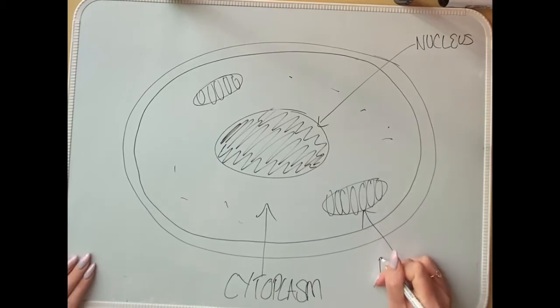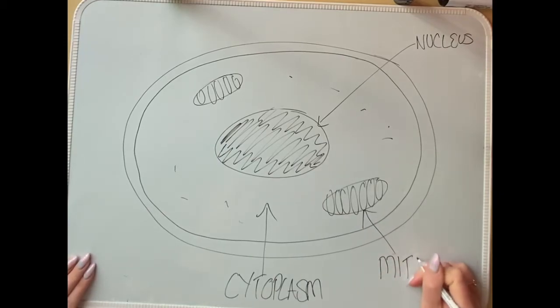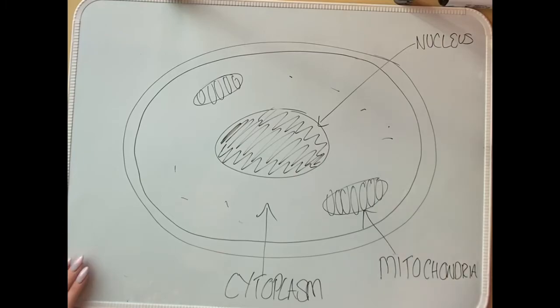Next, we have the mitochondria. I think that mitochondria look like peas in a pod. The single term for mitochondria is mitochondrion. Mitochondria produce energy. One form of energy is glucose. Energy allows the cell to conduct chemical processes. Mitochondria is also involved in cellular respiration.